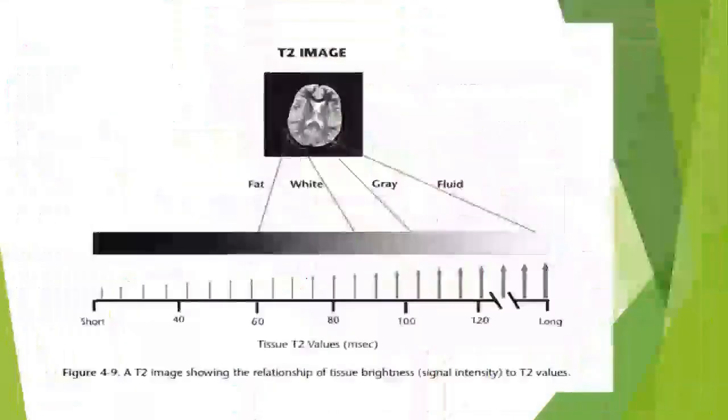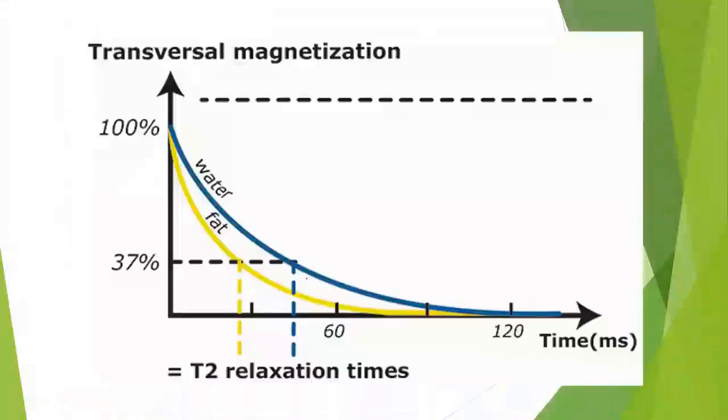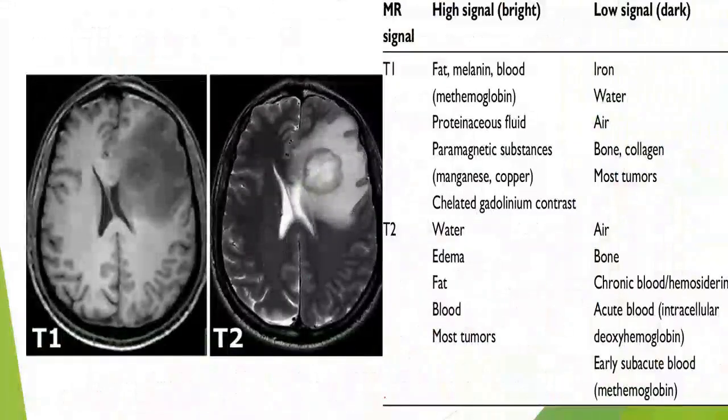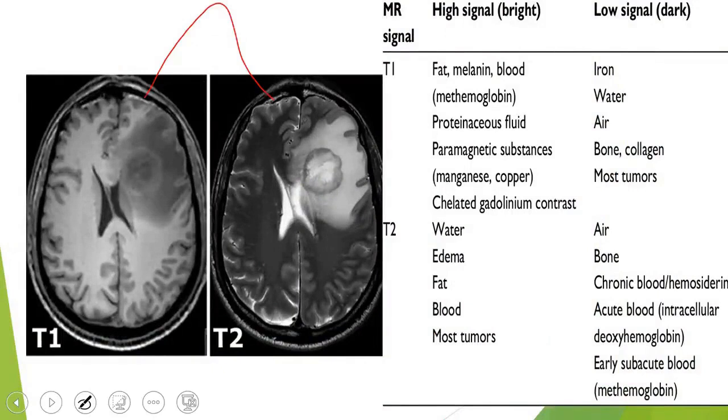This is an example illustrating the difference between T1 and T2. You will see the fluids here appearing in white, and here they start to appear in a darker color. The CSF here is bright, while the CSF here is dark. The bright area here is more pronounced in T1, while this area is not bright in T2.